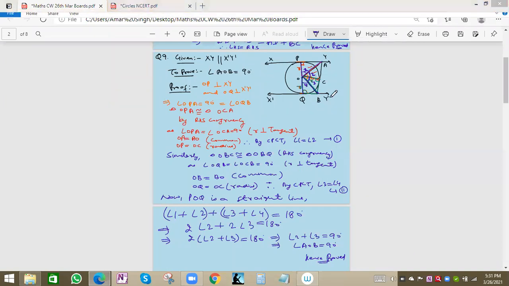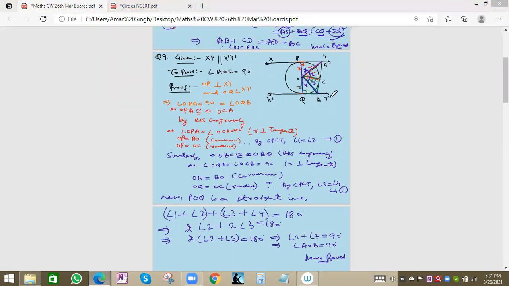Right, Apurva, Navneet and Ajit could solve this question.